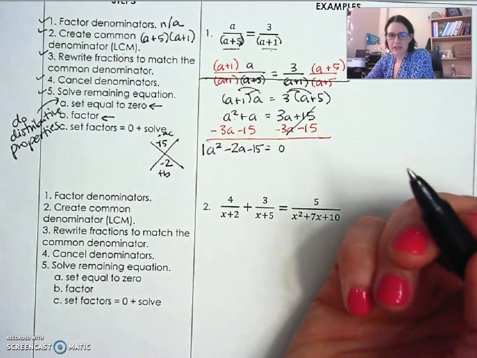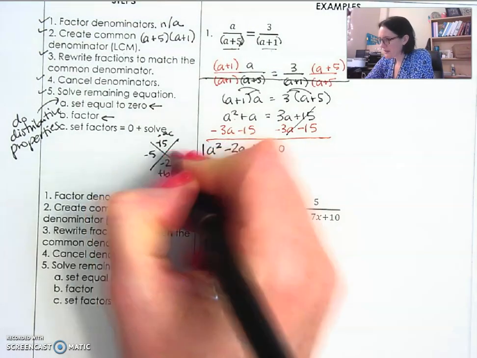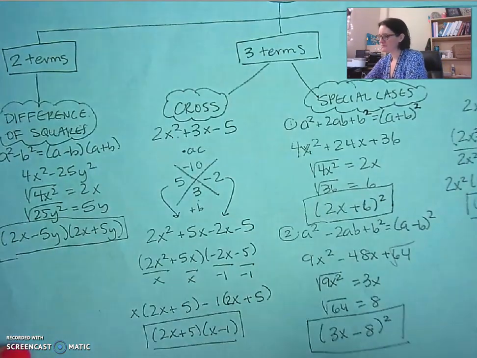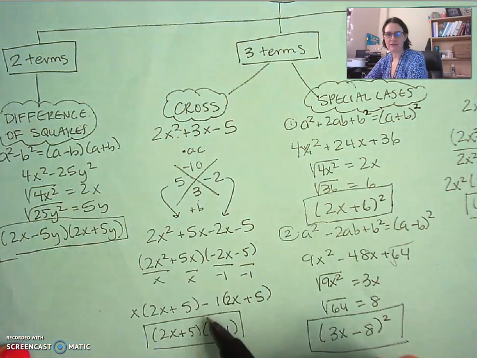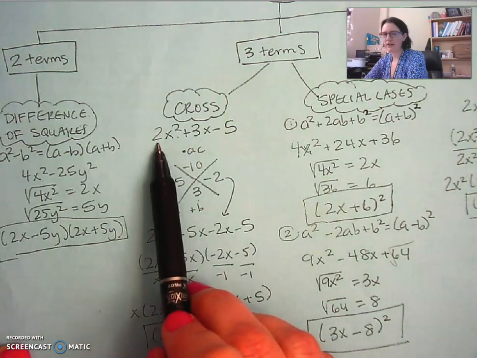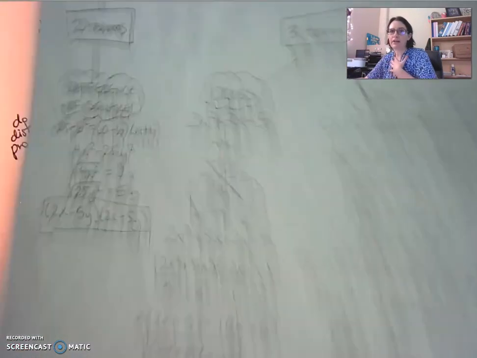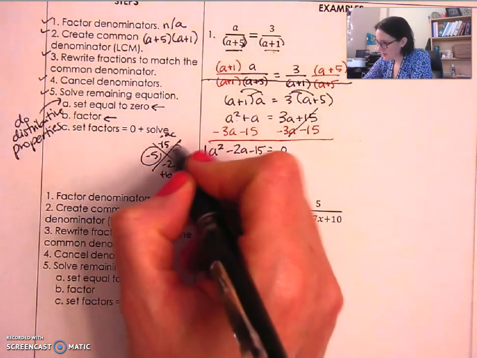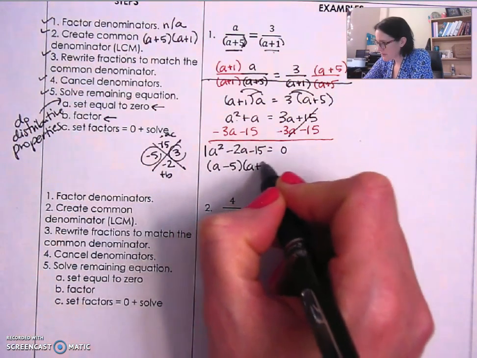Two numbers that multiply to negative 15 and add to negative 2 are negative 5 and 3. We don't need to do this long method where we split the middle term, do our grouping, and then factor. That's for when the a value is not 1, the first coefficient. Our a value is 1. So we're going to go straight, we're going to take these two numbers and just write our factored form. A minus 5 times a plus 3.